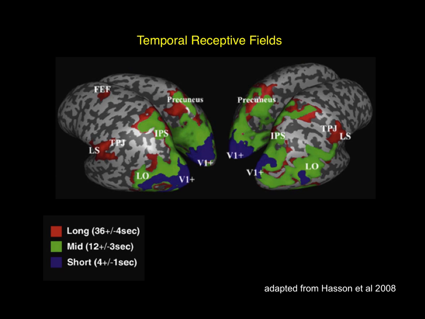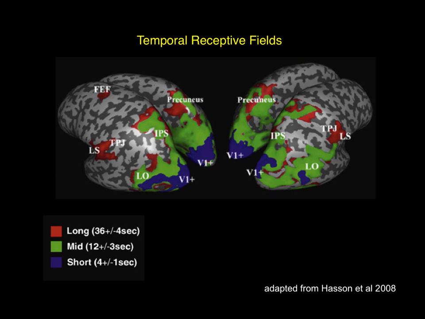scrambling lengths. And what they found that was very interesting is that as you go from the posterior portions of the brain, the occipital lobe, to more anterior areas, the amount of temporal information that's necessary, or the temporal receptive field of the region, gets larger.